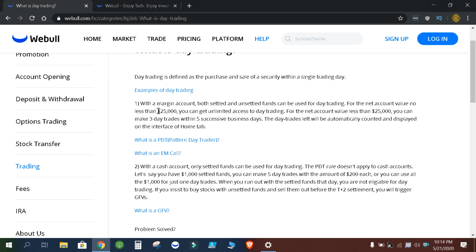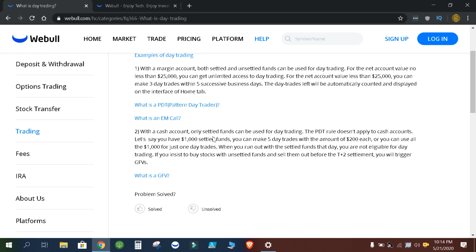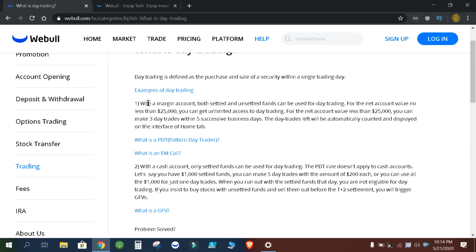Day trading, right? I'm not really going to read off a lot of this because I already know it by heart. But day trading is that if you purchase and sell a trade on the same day, that is considered one day trade. If you have less than $25,000, now this is a government mandated thing, you are only going to be allowed to make 3 day trades per 5 business days.